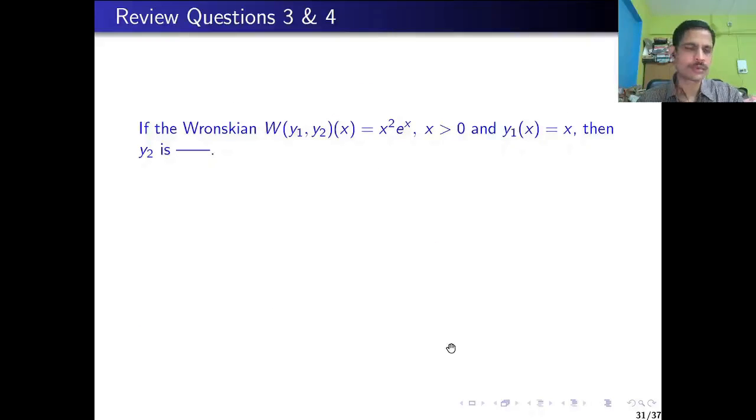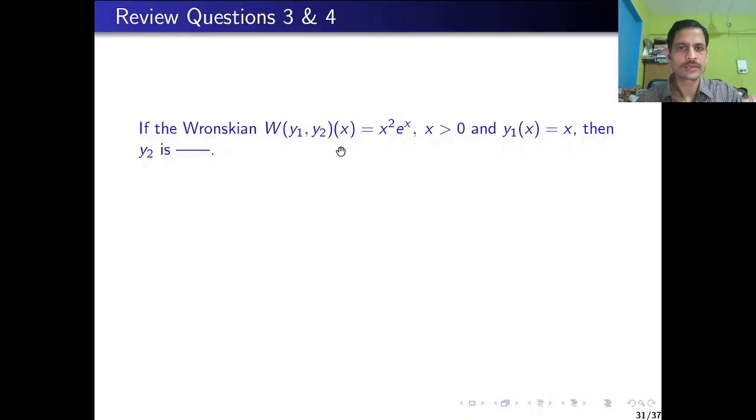Here are two more review questions. If the Wronskian W(y1, y2) of x is equal to x square e raised to x, x greater than 0, and y1(x) is equal to x, then y2 is? You can pause the video and try to solve this question. It can be solved by many methods.